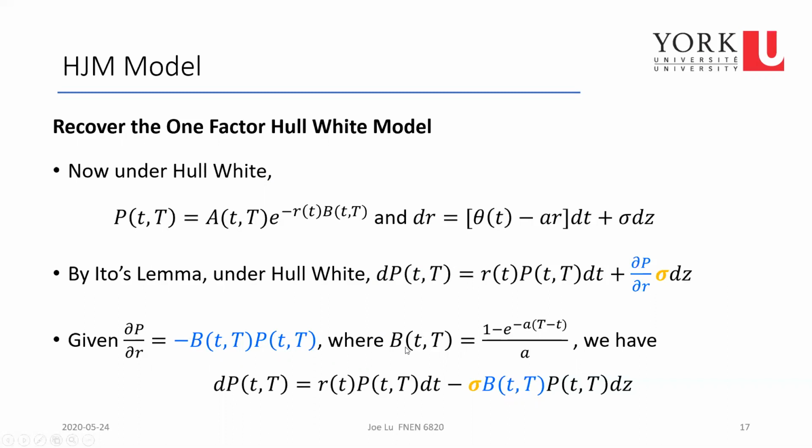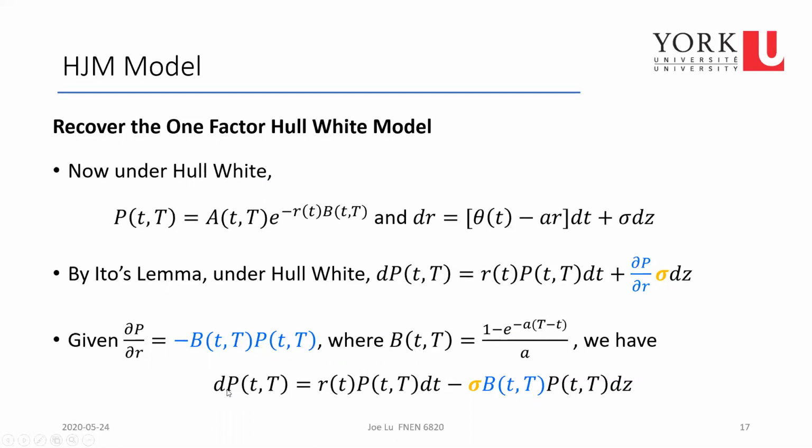Now, if B is this, because this is what we know from the expression of the Hull-White model, B must take this particular form.